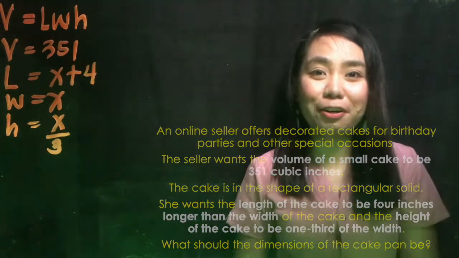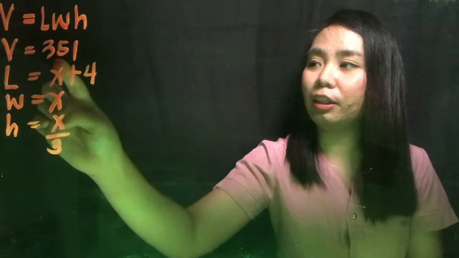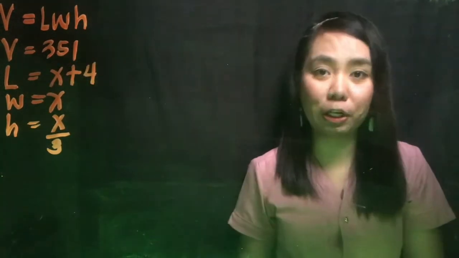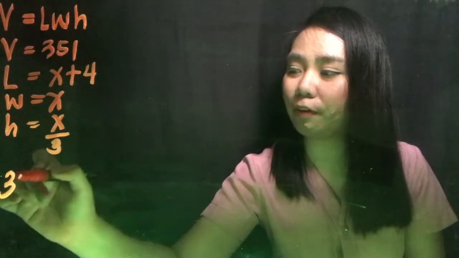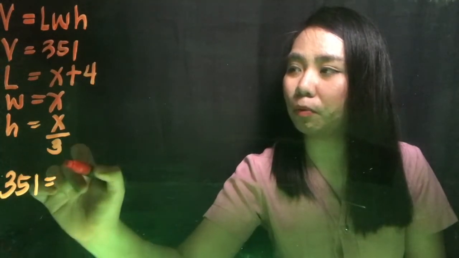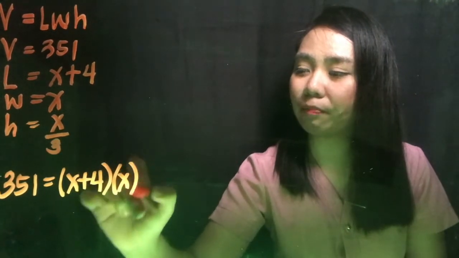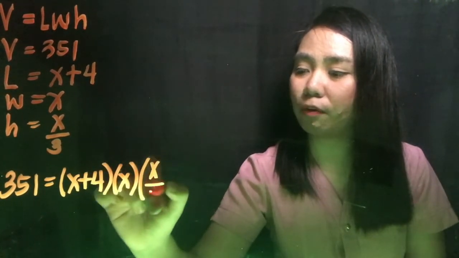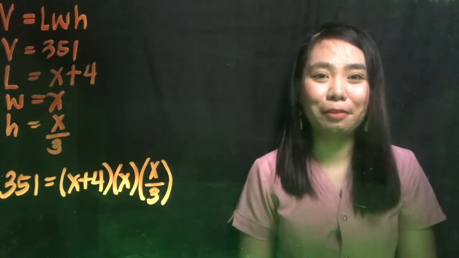Since you already have your given, we can now substitute the length, the width, the height, and the volume to our original equation. So our working equation here is 351 is equal to x plus 4 times x over 3. And now, you can see here another polynomial equation.